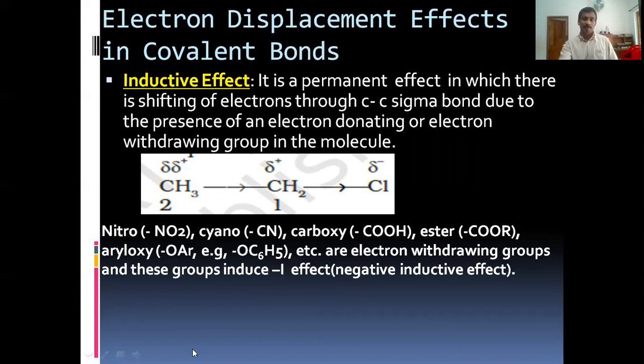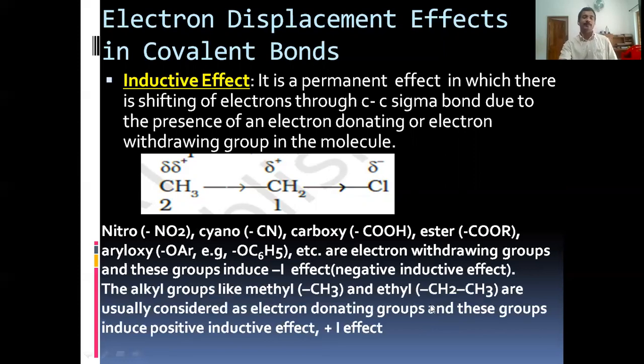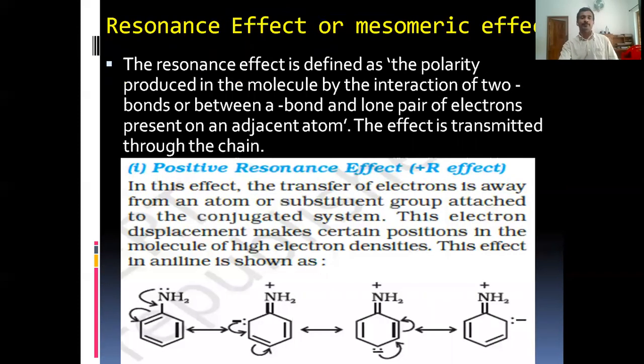The carbon chain will get partial positive charges. And alkyl groups like methyl, ethyl are usually considered as electron donating groups, and these groups induce positive inductive effect or plus I effect.